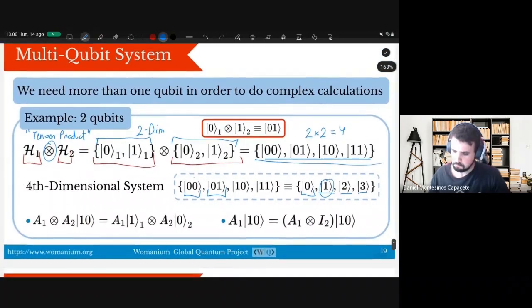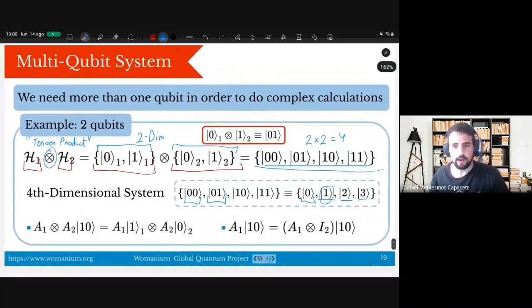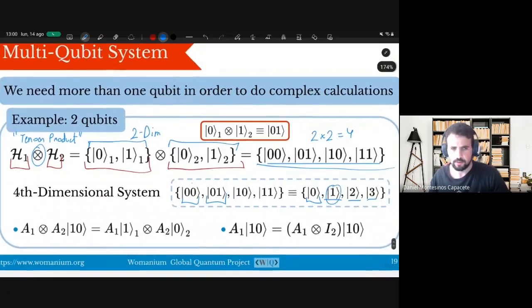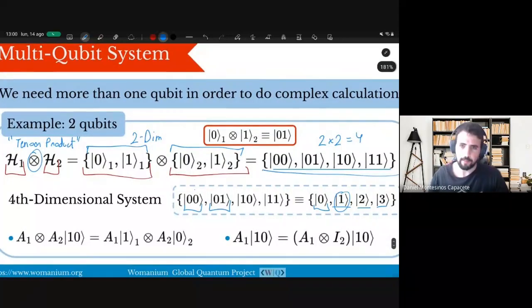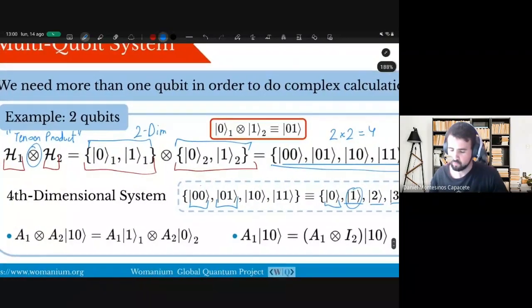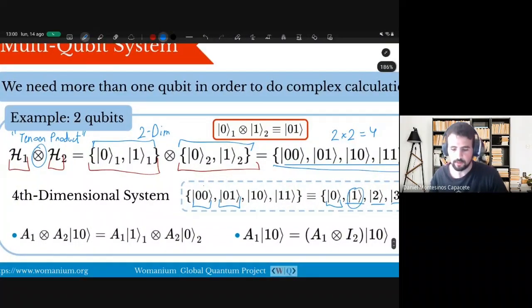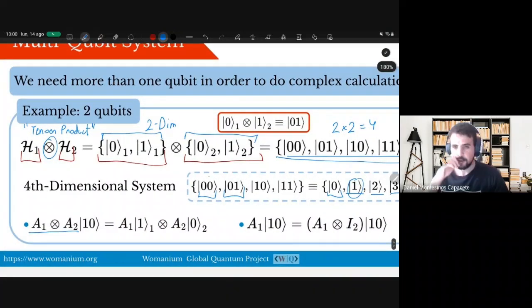Right? So how do you write operators in order to apply them to any multi-qubit system? You do it like this. You also do the tensor product of operators.